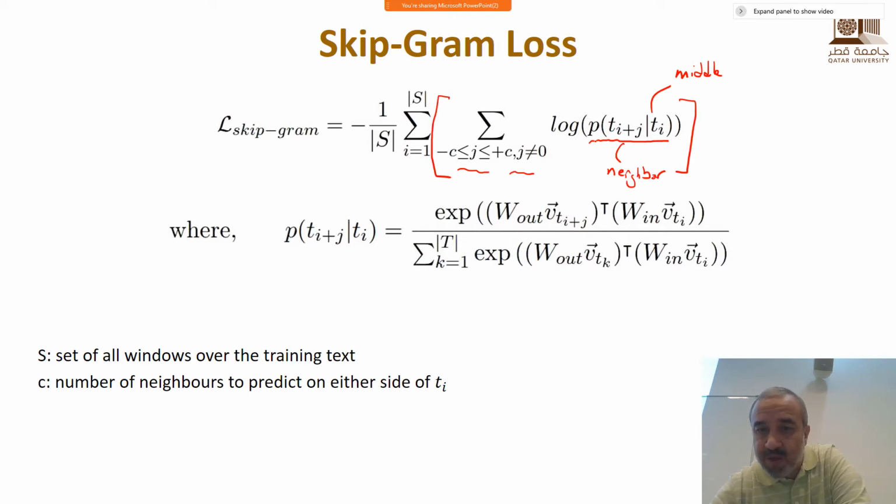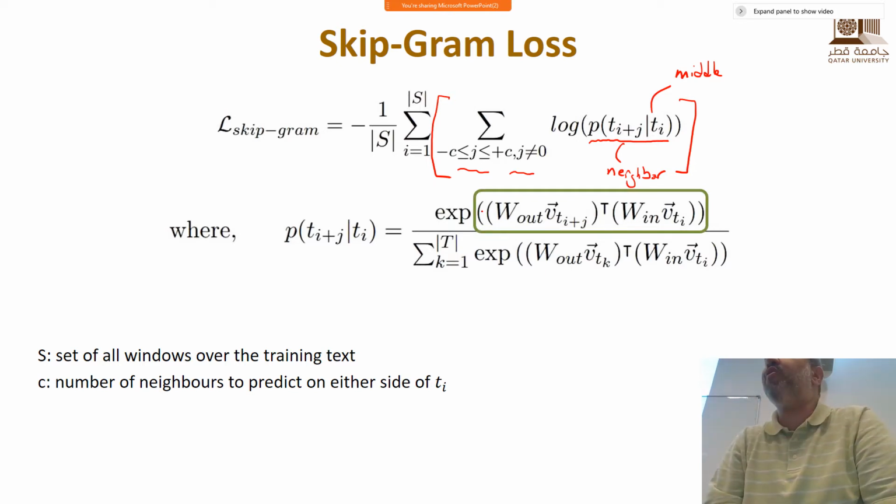Now, let's see how this probability is computed. This is the exponential of something over the summation of other exponentials. So let's focus on this part. What is this part? This is W out. What is W out?